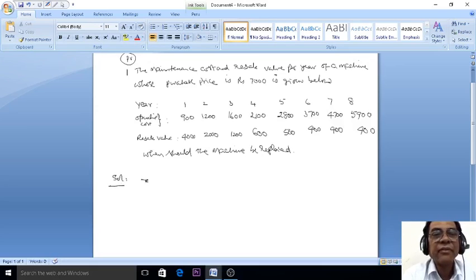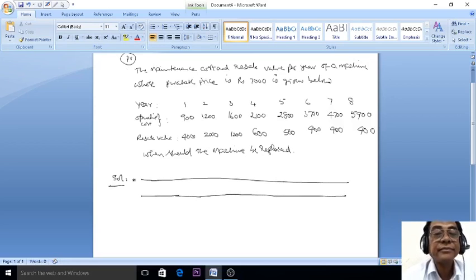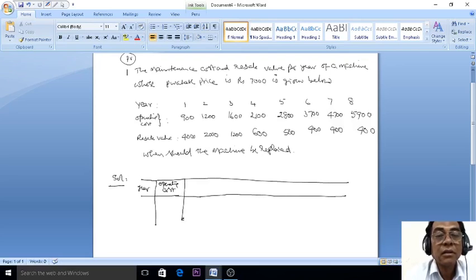So take this tabular form. Just write like this. First year. The next one, operating cost. The next one is cumulative operating cost. The next one, resale value.